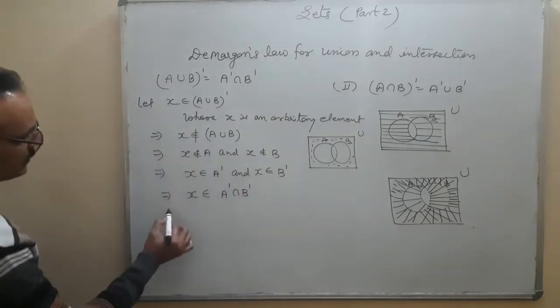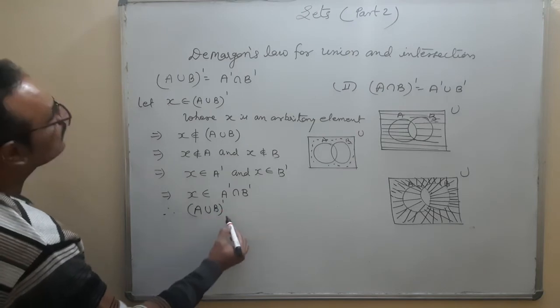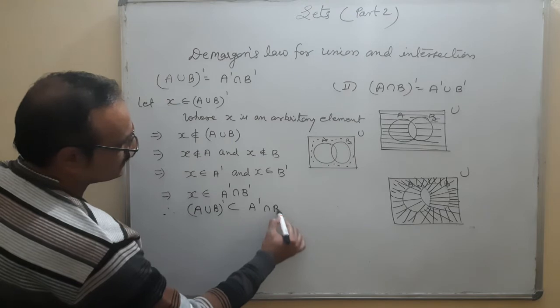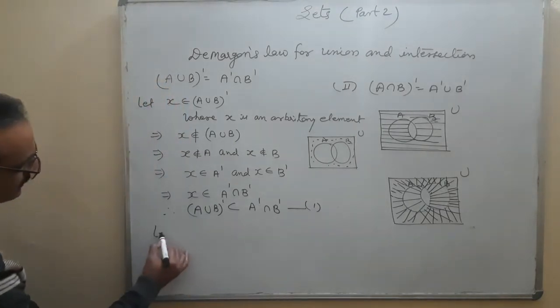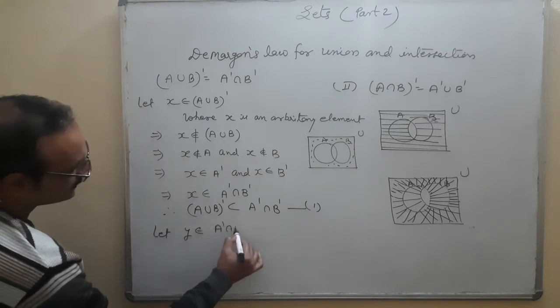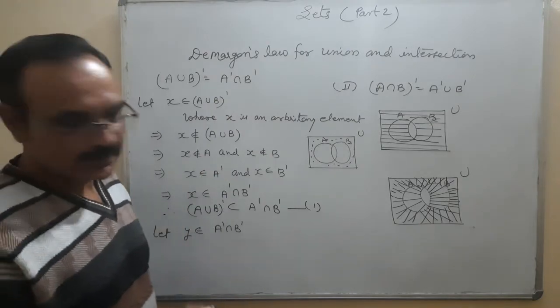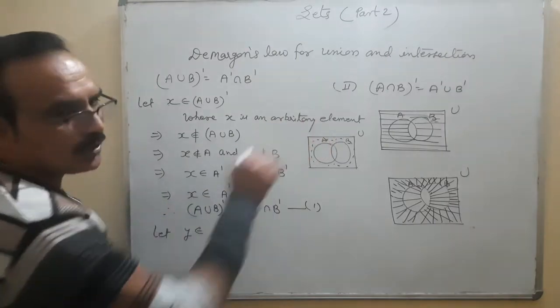Therefore, (A union B) complement is a subset of A complement intersection B complement. Equation number 1. Let Y belong to A complement intersection B complement. Now second element we have taken here on the right hand side. Y is an arbitrary element.